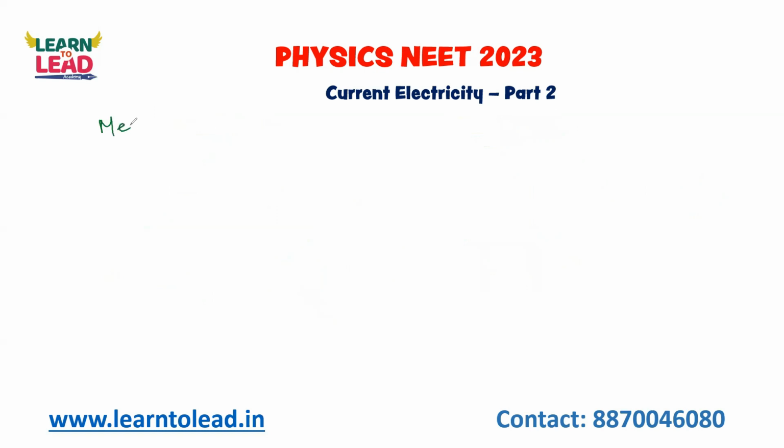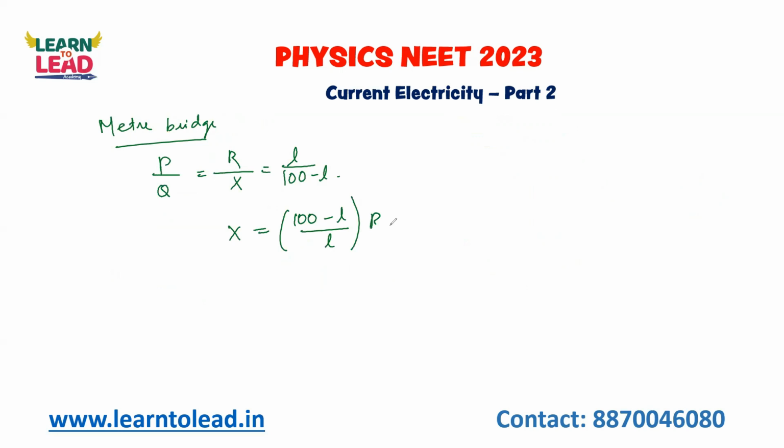In the case of meter bridge, P by Q is equal to R by X, which is equal to L by 100 minus L. So X is equal to (100 minus L) by L into R, where L is the balancing length. These are the concepts you should know in case of meter bridge and Wheatstone bridge: P by Q is equal to R by S.